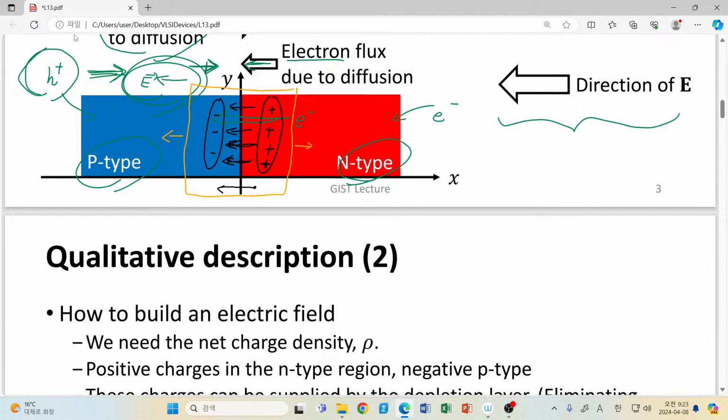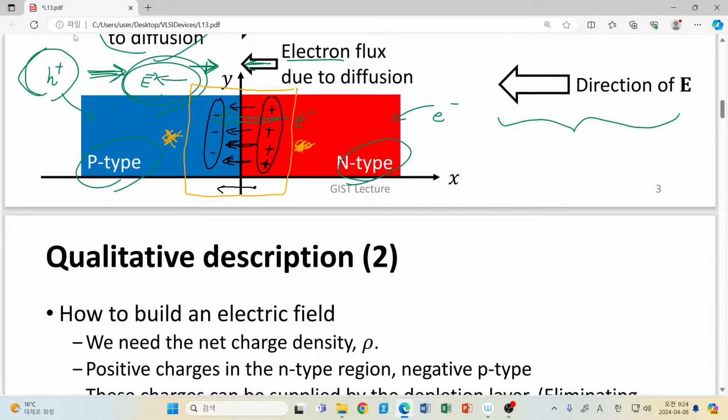Then what will happen if we have such a charge imbalance for a short time? Our moving charges, like electrons and holes, will be affected by that remaining electric field, and they will try to neutralize this electric field, and eventually we will have no electric field originating from this junction.